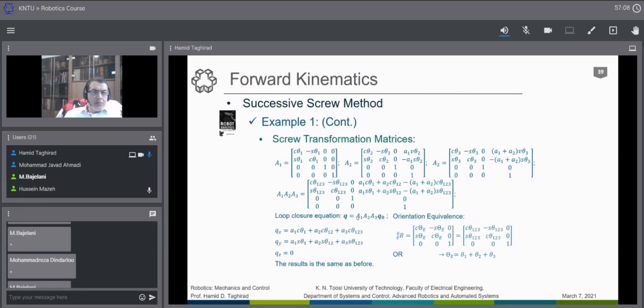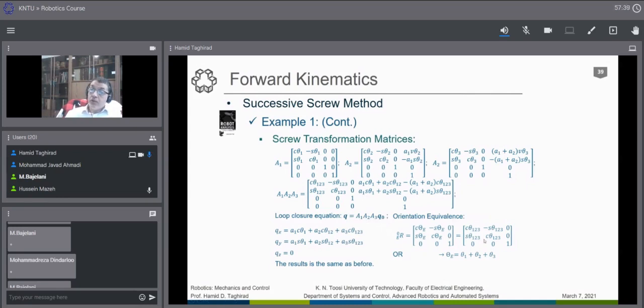If I multiply A1, A2, A3 here by Q0, can we get this solution? What is the problem with that? We have a vector here. Put here A1 plus A2 plus A3, 0, 0, 1.